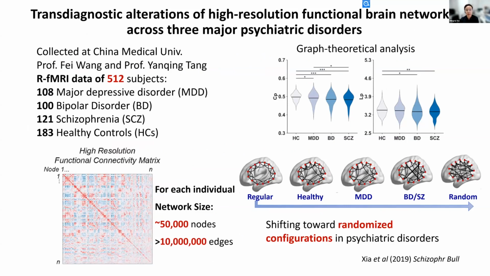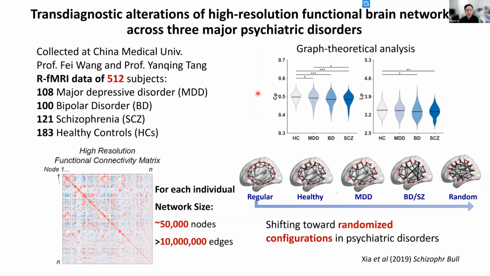Accordingly, we have conducted many studies to investigate the alterations in functional brain networks in psychiatric disorders. This is an early study aimed to examine the transdiagnostic alterations in functional connectome across depression, bipolar disorder, and schizophrenia.